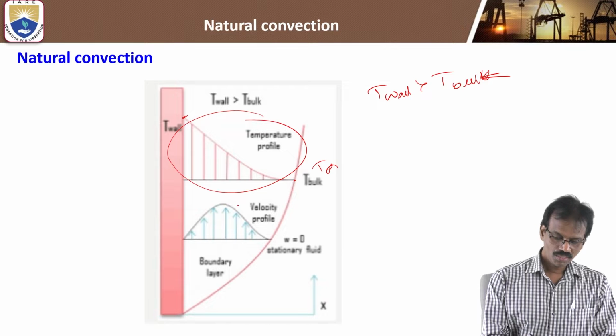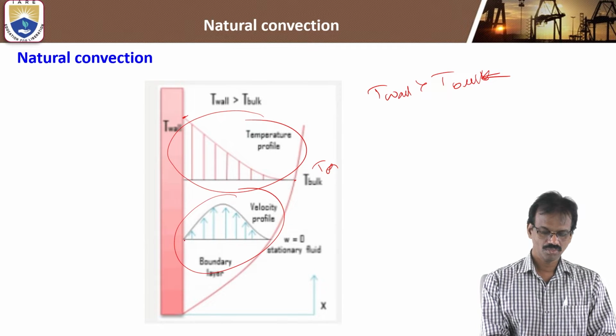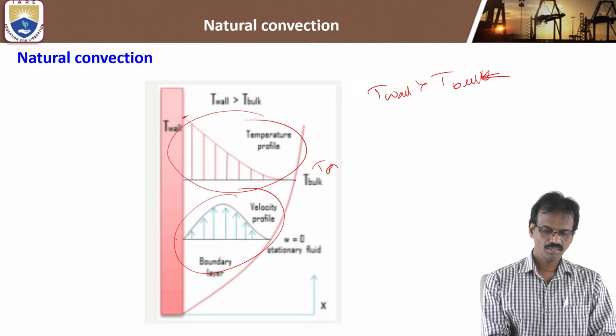Now the velocity graph. Near the solid surface the velocity is 0.